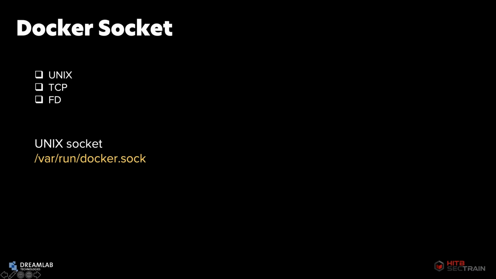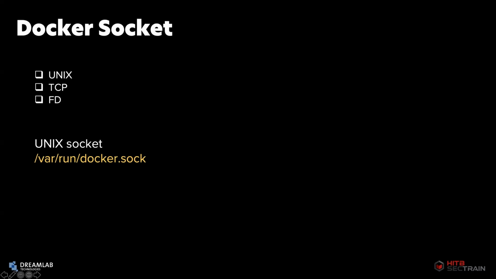This Unix socket can be used to communicate with the Docker daemon from within a container as well. This is the socket that we use, for example, when we run a command from the Docker client. The Docker client talks to this socket. But as I said, this socket can also be bind-mounted inside containers.